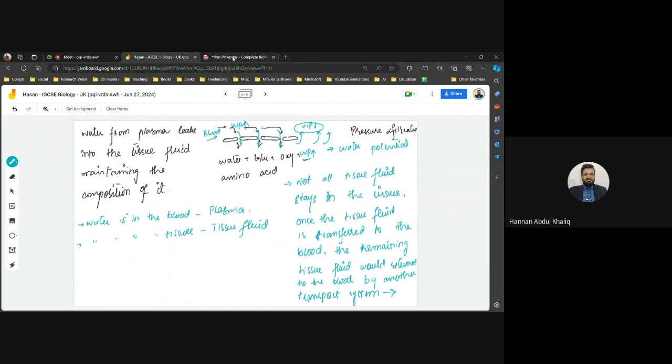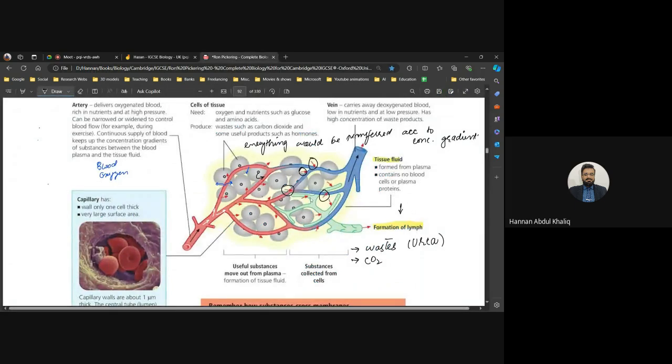So what do we do? The remaining tissue fluid would be provided to these lymphatic vessels. With the help of osmosis and diffusion, the remaining tissue fluid would be transported to these lymphatic vessels, and this should be returned to blood.